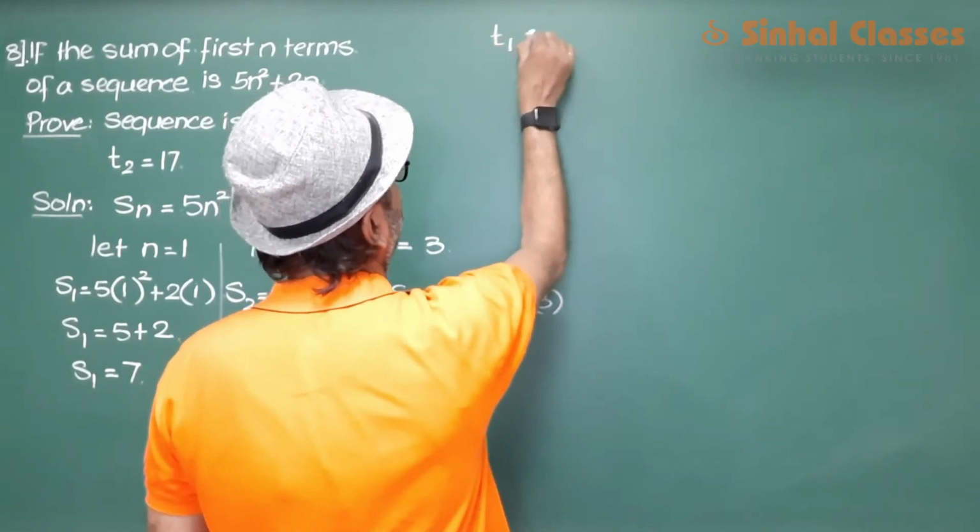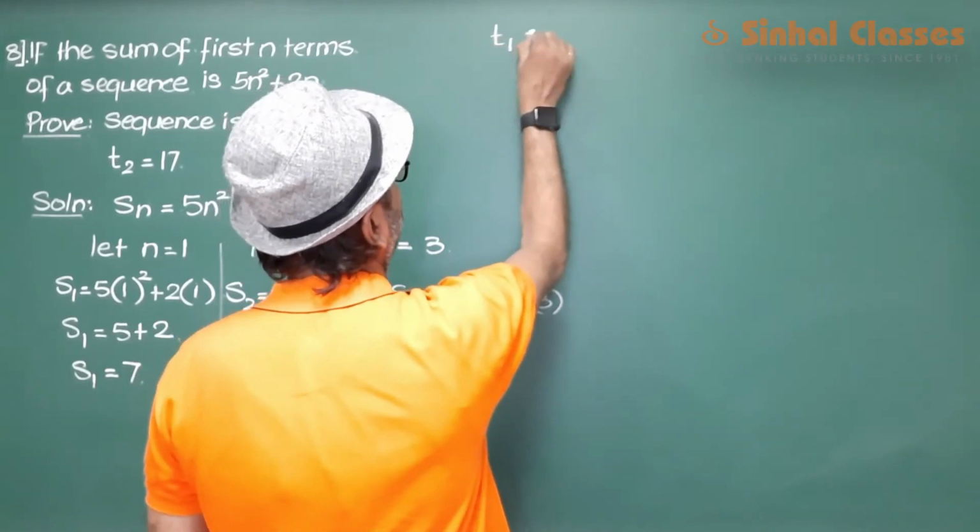So first we'll use the formula for Tn and find out n. Tn is a plus n minus 1 into d. 500 is equal to 2 plus n minus 1 into d, which is 2.